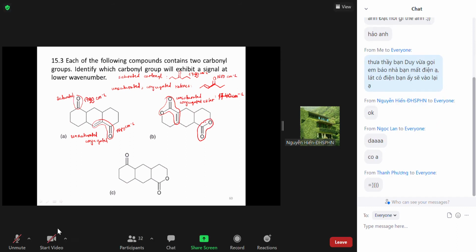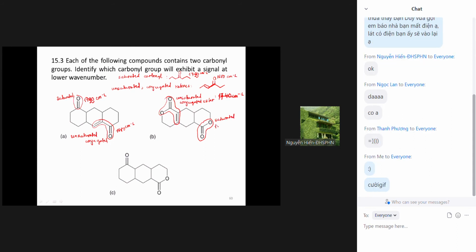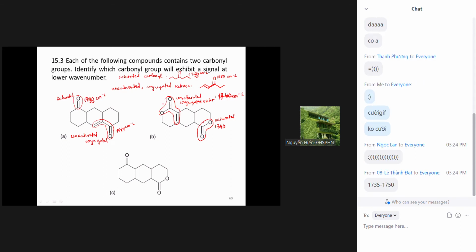1,740 is for this one, for the saturated. And for the unsaturated conjugated, what is the number? It should be a little bit lower.